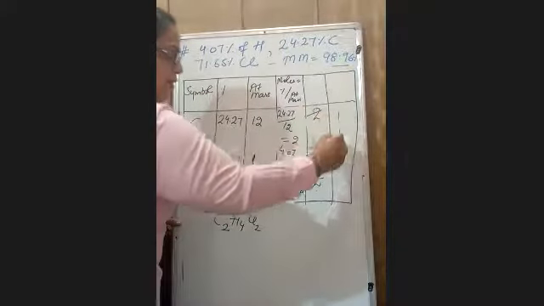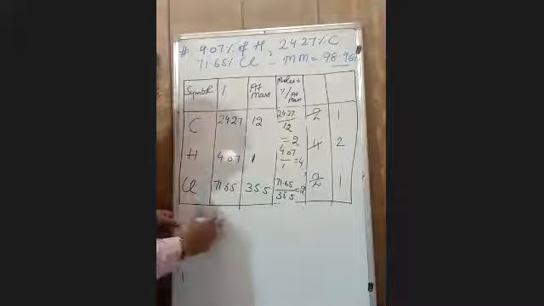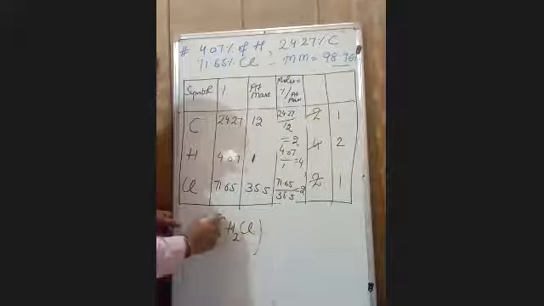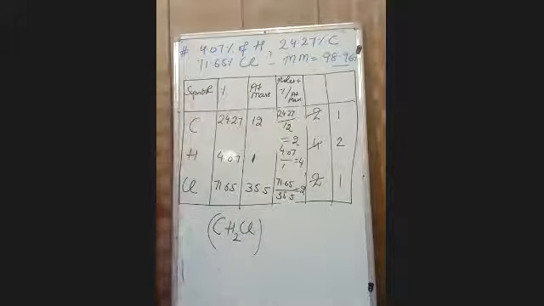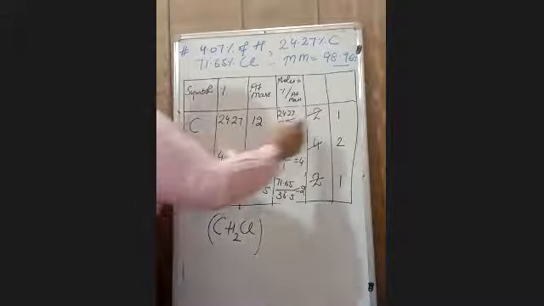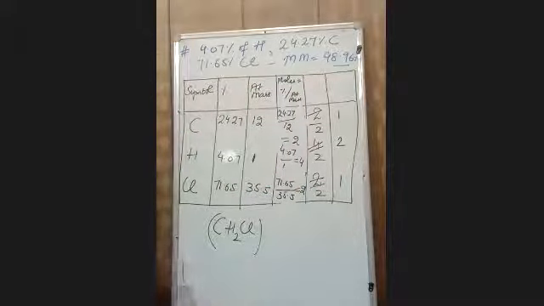It comes out to be 1:2:1. So it will be CH2Cl, because the empirical formula is your simple ratio, because it should be divided by this and comes out to be 1:2:1.